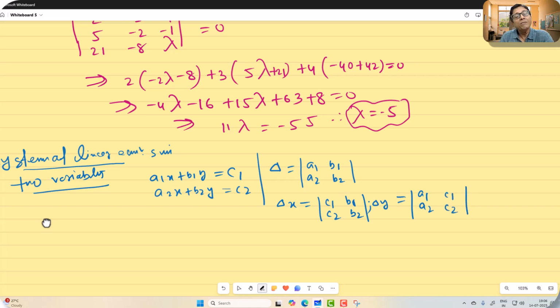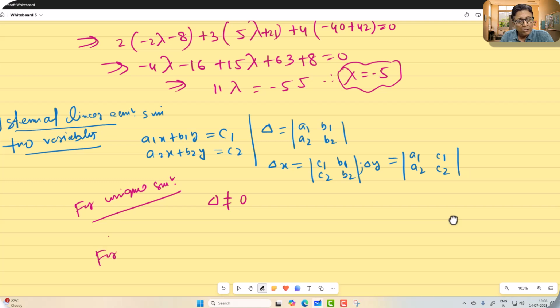So for a non-trivial solution, a solution exists if delta not equal to 0, a unique solution will be there. I am just writing it very fast so that you can revise also. For a unique solution, delta not equal to 0. Okay, one value of x and y you will get.